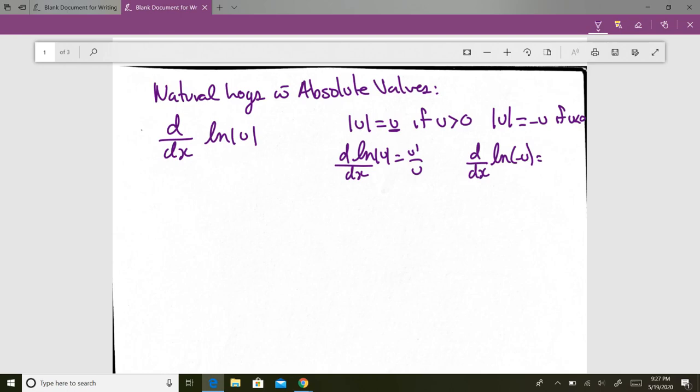Well, that is 1 over negative u, times u primed. And there's a negative there, so it's negative u primed. What happens to the negatives? They disappear, so I get u primed over u. It's the exact same thing. So if there's an absolute value, it's still equal to u primed over u.